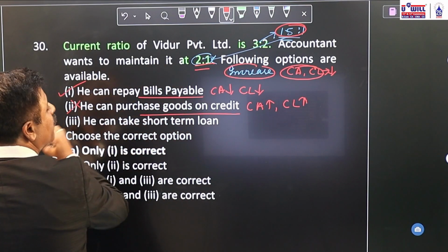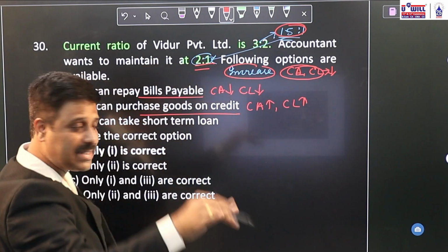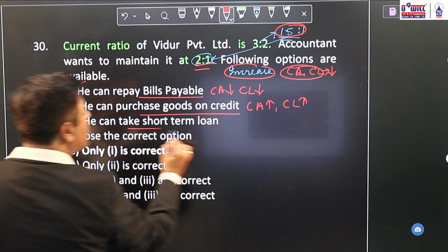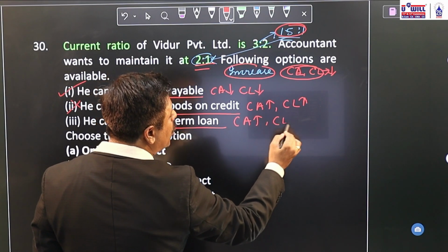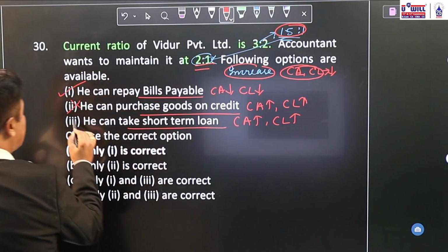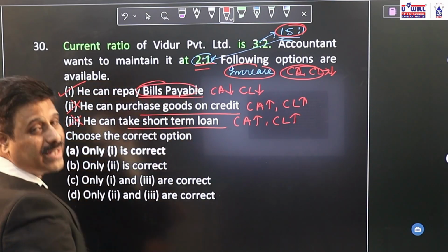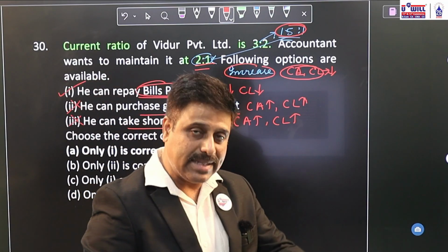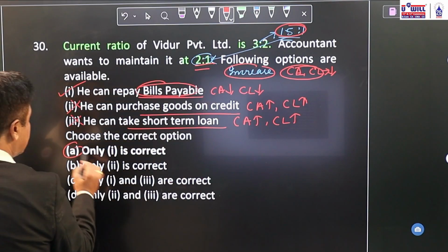So no. To increase the current ratio, current assets and current liabilities must both decrease. If you take a short-term loan, cash will increase, current assets will increase, short-term borrowings will increase, current liabilities will increase. No. So only this option, where both current assets and current liabilities decrease, will increase the current ratio overall. Only option A is correct.